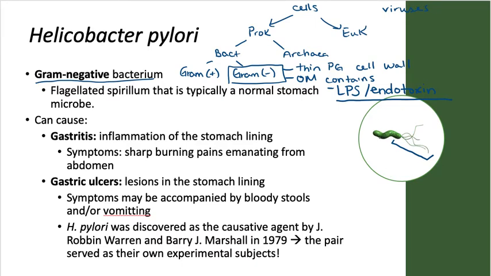Is it monotrichous, peritrichous, amphitrichous, or lophotrichous? Correct. It's lophotrichous. Good job. All right. And then a spirillum just means it's a spiral-shaped cell.